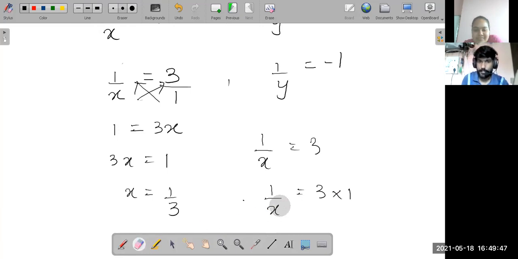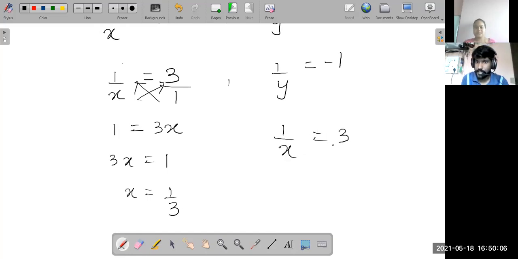Or one more simpler way I remember here is to take the reciprocal on both sides. Do you know what a reciprocal is? x upon 1 is the reciprocal of 1 upon x. So this was 1 upon x equal to 3 upon 1.